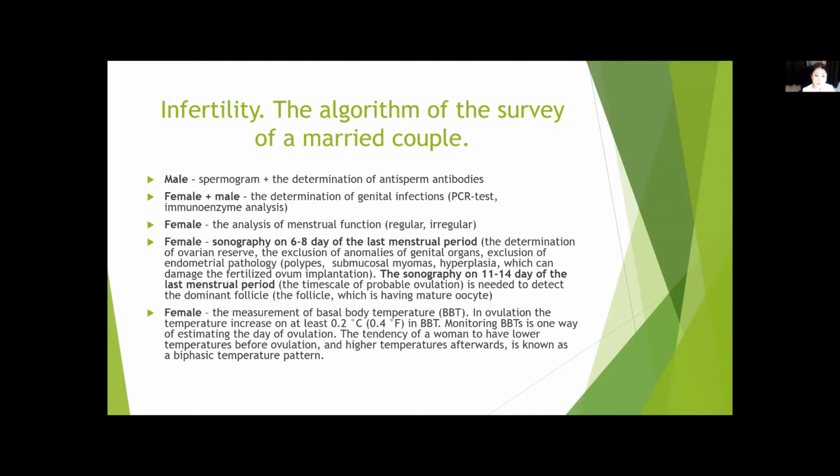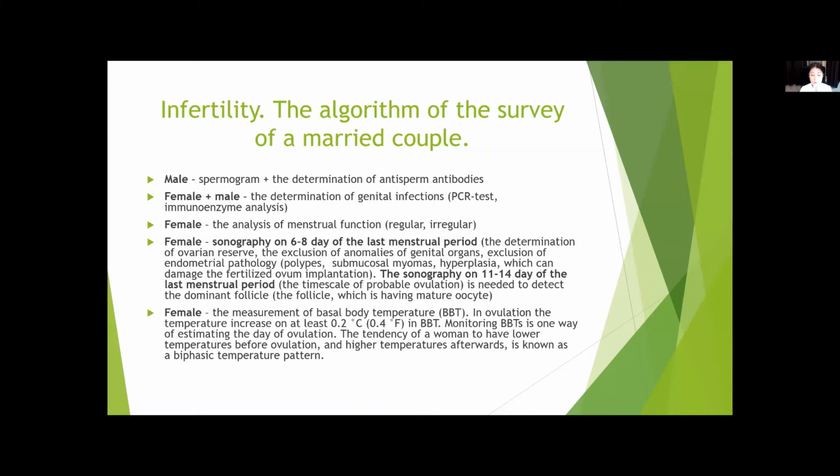Female, the analysis of menstrual function, regular or irregular. Female sonography on the 6th up to 8th day of the last menstrual period, the determination of the ovarian reserve, the exclusion of anomalies of genital organs, exclusion of endometrial pathology, polyps, submucosal myomas, hyperplasia, which can damage the fertilized ovum for implantation.